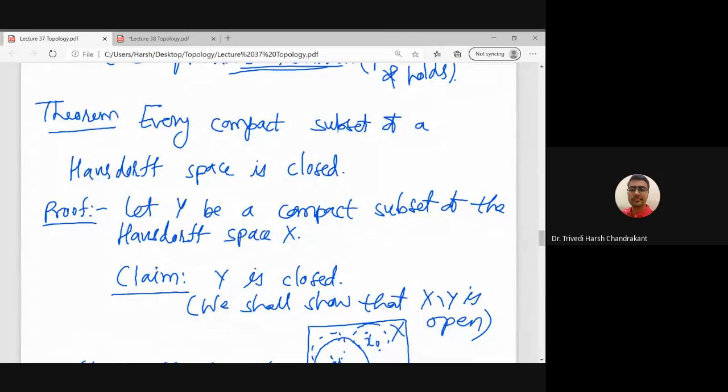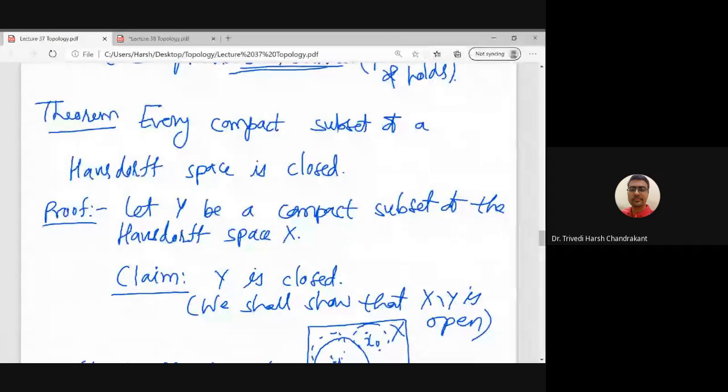One such example is the real line with the standard topology, and R cross R with the standard topology, that is the XY plane with the standard topology. So this result says that every compact subset of a Hausdorff space, in particular every compact subset of R, is closed, right?